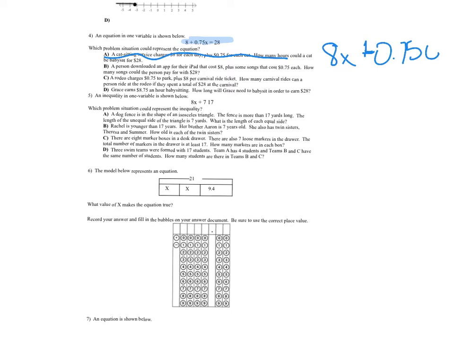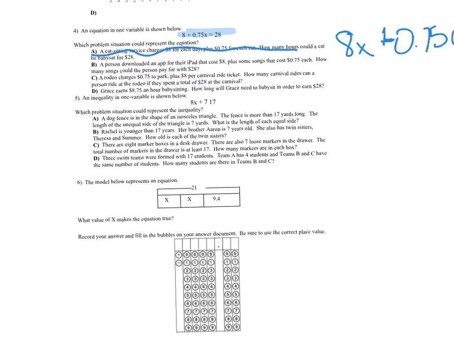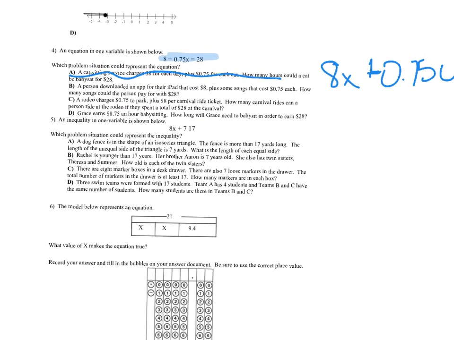B, a person downloaded an app for their iPad that cost $8 plus some songs that cost 75 cents each. How many songs could the person pay for? 28, okay? So $8 for the app, and then plus songs that were 75 cents each, 0.75x equals 28. I'm pretty sure that's our match, right?